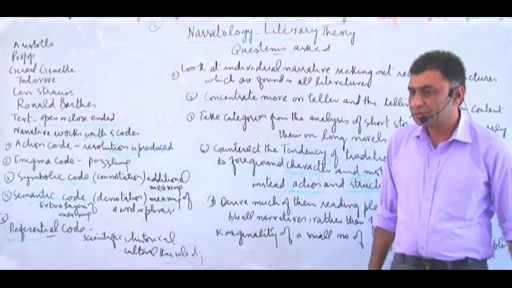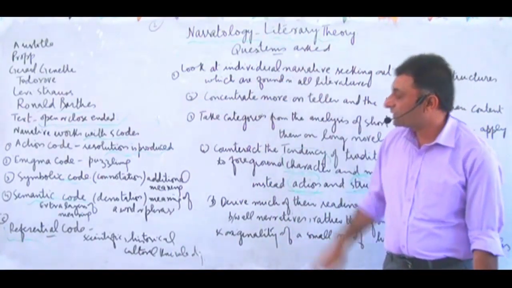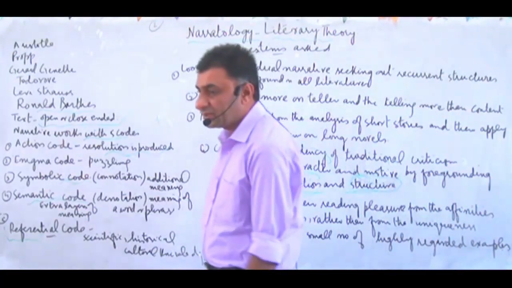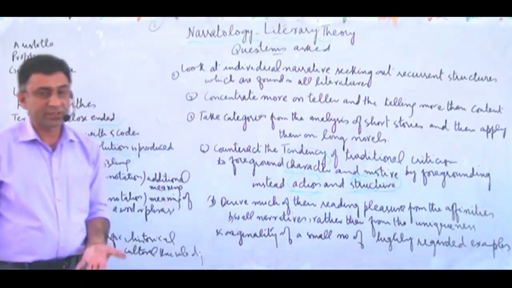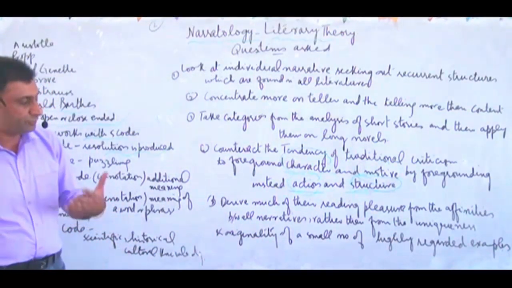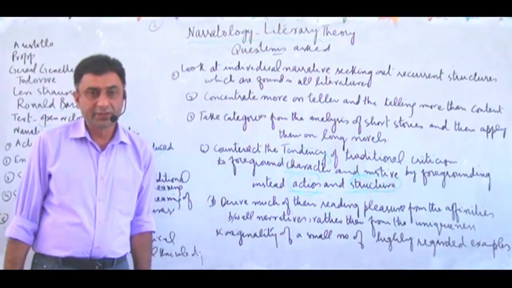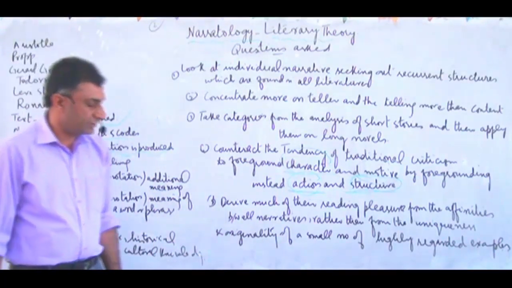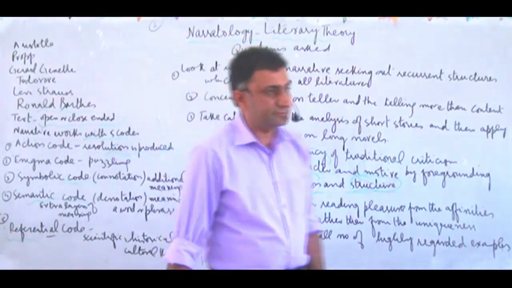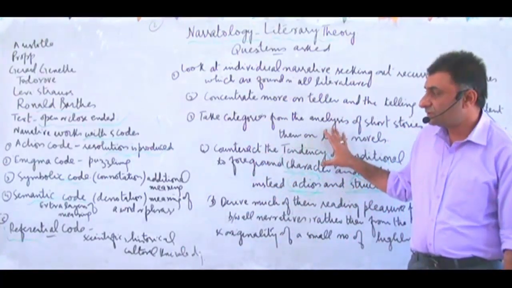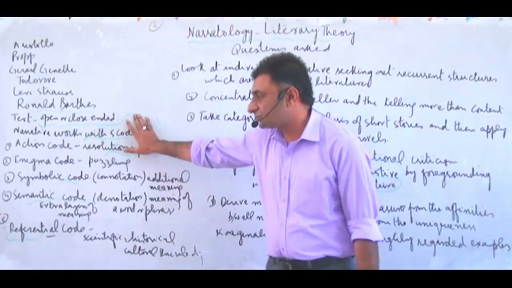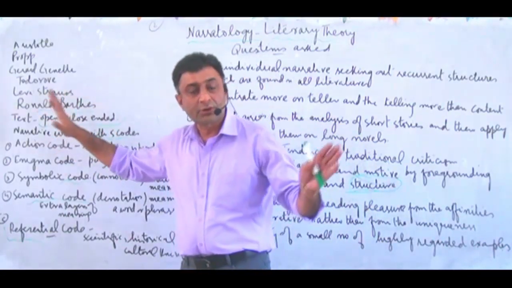So this is narratology: how it is a literary theory, how narratives are discussed, and how narratives tell us what life is, how we are to move, and how we can understand all the panorama of life, all the paraphernalia of this life. Actually it's not only that we are going to understand stories, rather we are to understand all the action. Suppose there is an action code. Action code means the whole life.